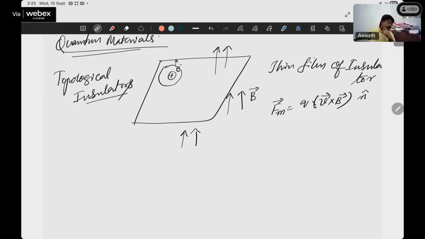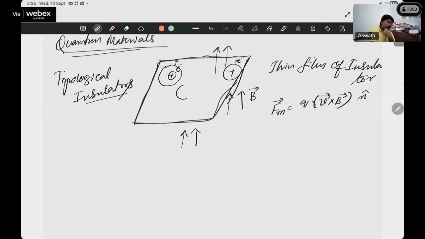So what happens? All the electrons at the boundary come to the atoms, the electrons go to the boundary. Those electrons start traveling and contribute to the current at the edge, not inside.